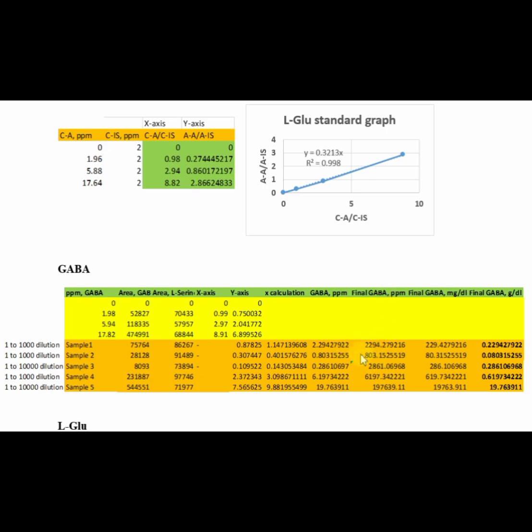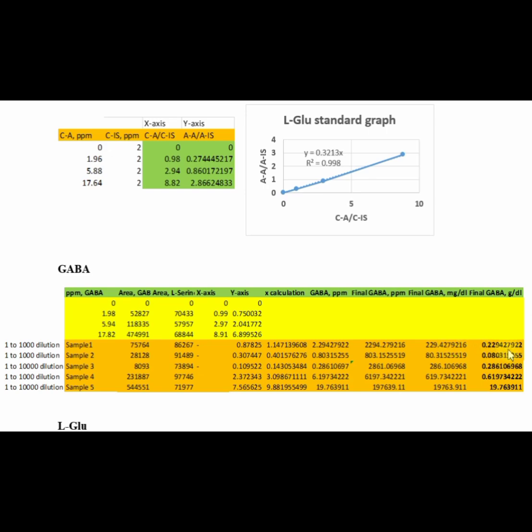calculate final GABA. It was 1000 times diluted, meaning this GABA ppm value should be multiplied by 1000, and this is final GABA ppm and final GABA mg per dl. And to obtain in the form of mg per deciliter, we have to divide final GABA ppm by 10, and to obtain in the form of gram per deciliter, we can further divide it by 1000.